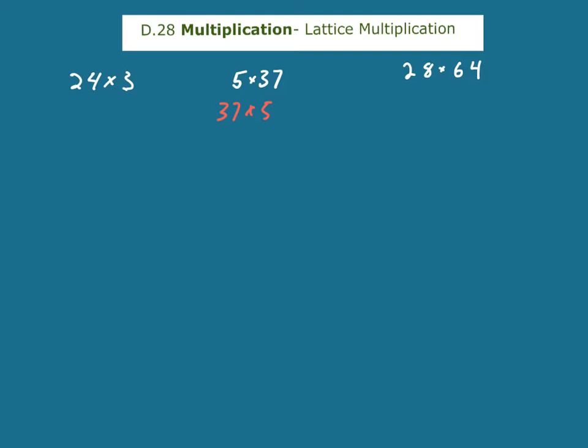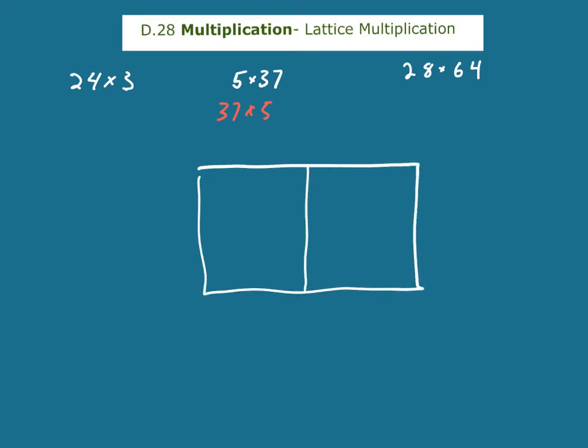I think it makes things easier because then I can use the same box. Put in my diagonals. And now I can do 37 times 5 and multiply this out. It does not matter where you start, whether I go 3 times 5 first or 7 times 5 first. It doesn't matter. I like to start over here.